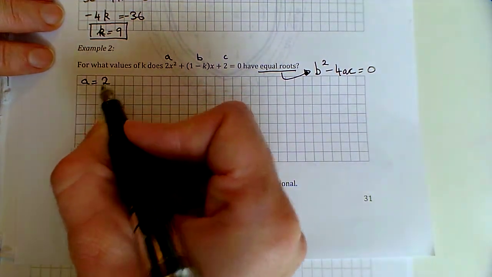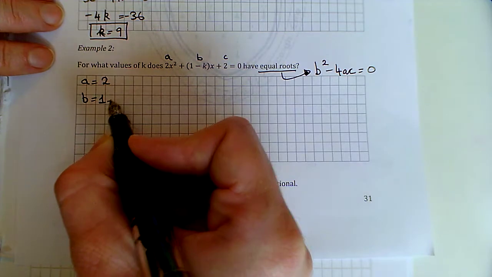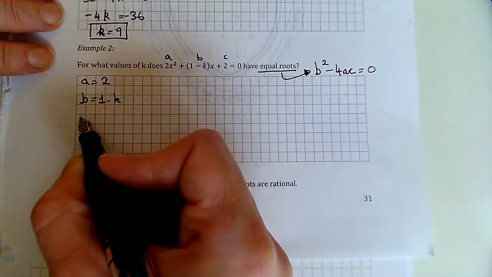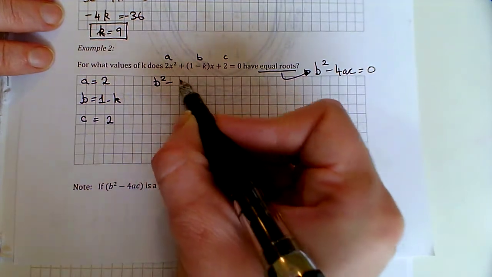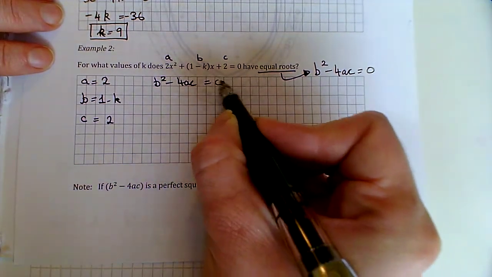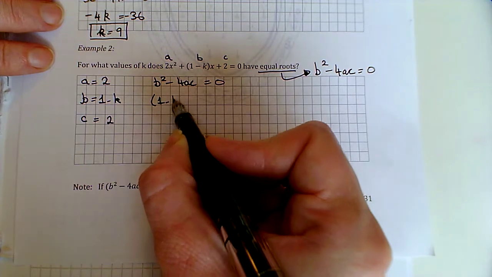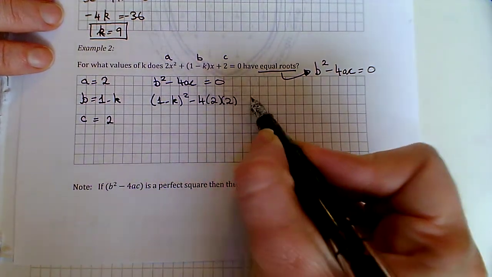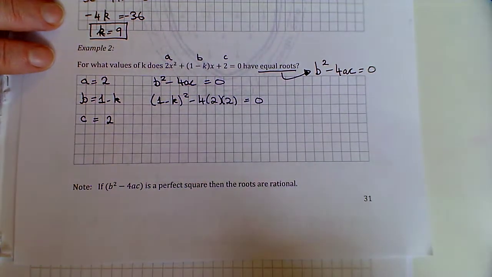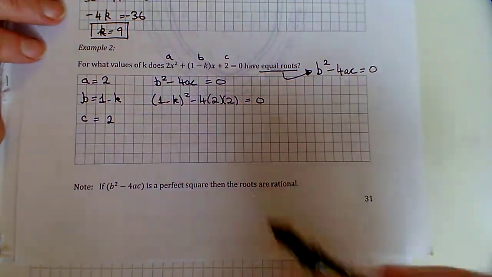So A is 2, B is 1 minus k, and C is 2. Filling into b squared minus 4ac equal to 0, I've got 1 minus k squared minus 4 by 2 equal to 0.